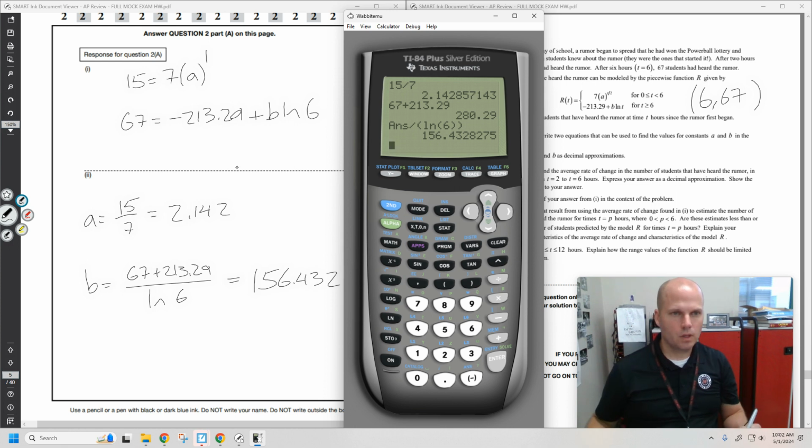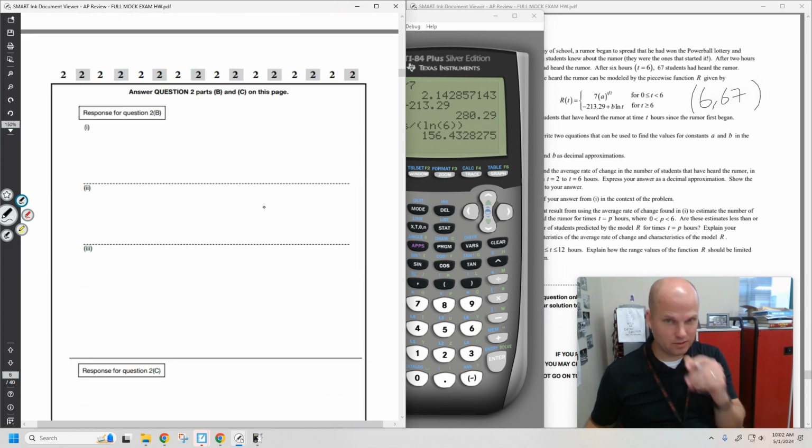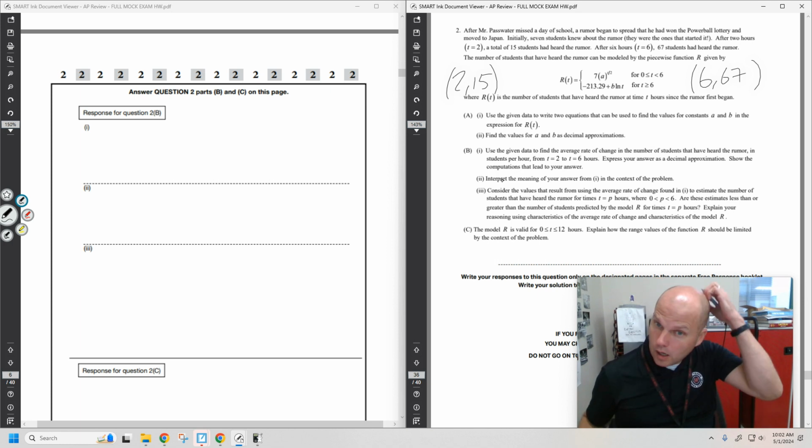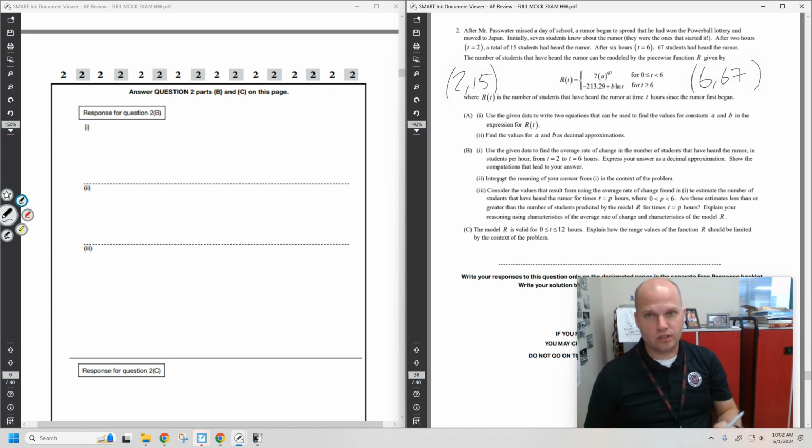All right, 100%. Use the given data to find the average rate of change. Show the computations that lead to your answer. So this is the slope, the y's over your x's, but it's not y's over x's here.